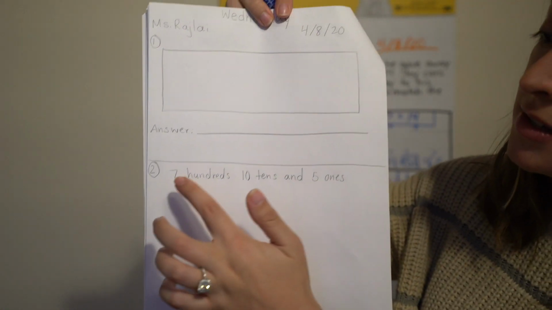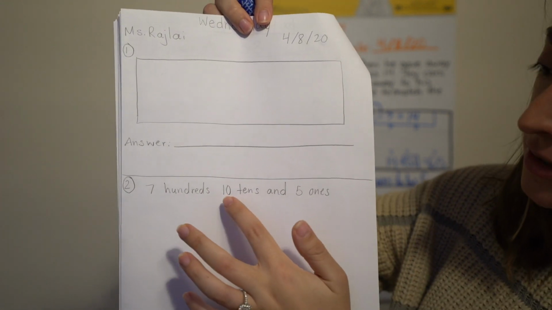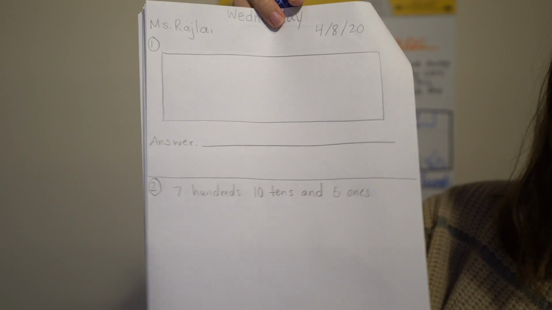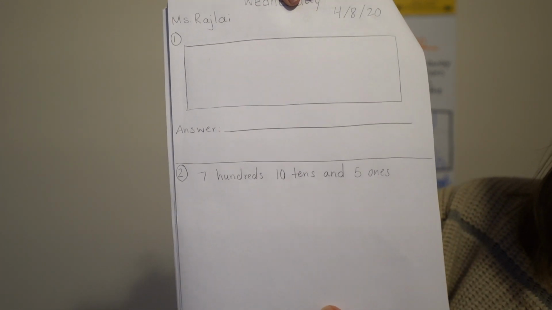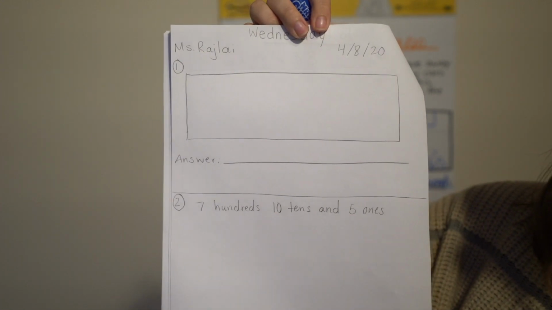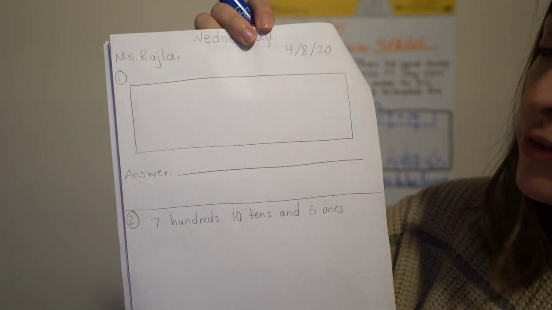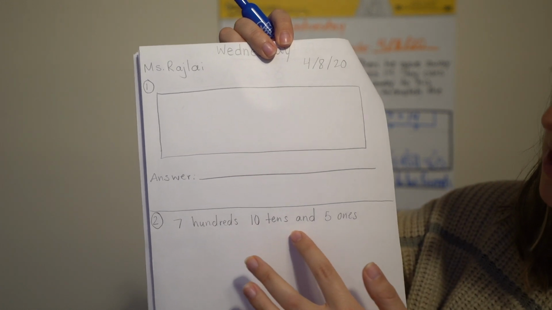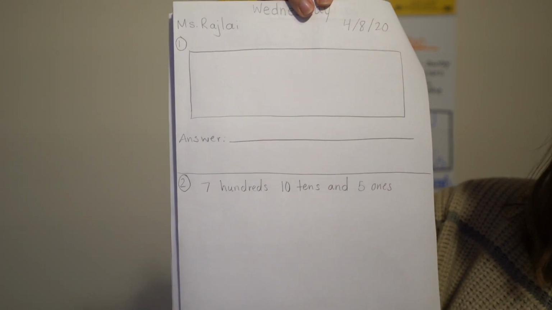At the top, you're going to write 7 hundreds, 10 tens, and 5 ones. Because that's exactly what you're going to need to draw for this problem. So again, at the top, you're only writing for the directions 7 hundreds, 10 tens, and 5 ones.